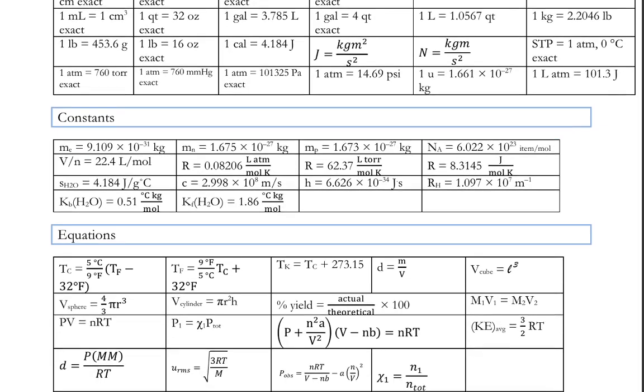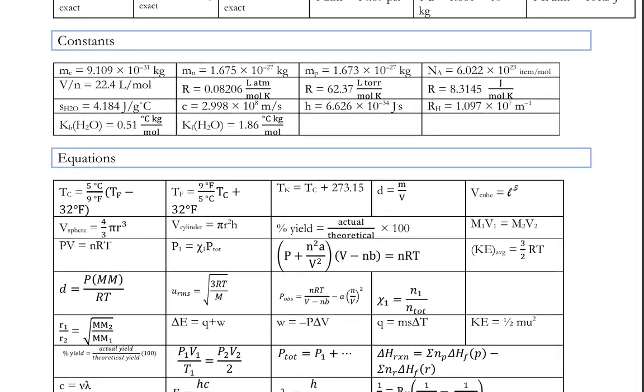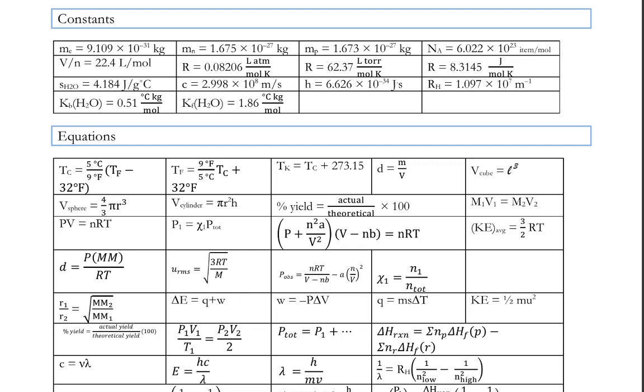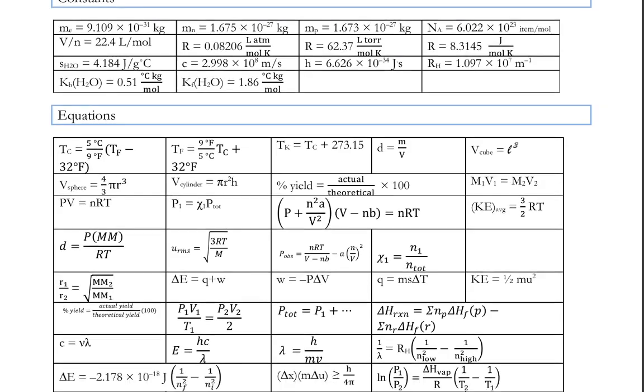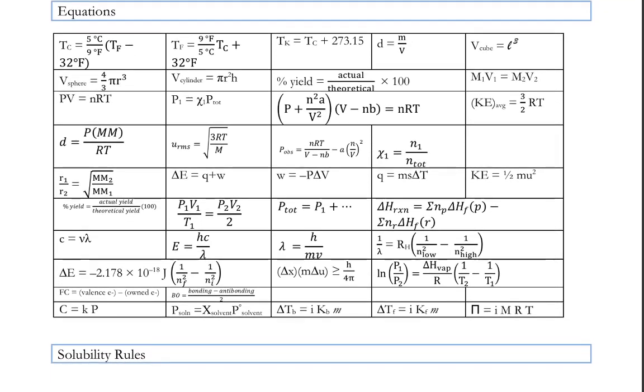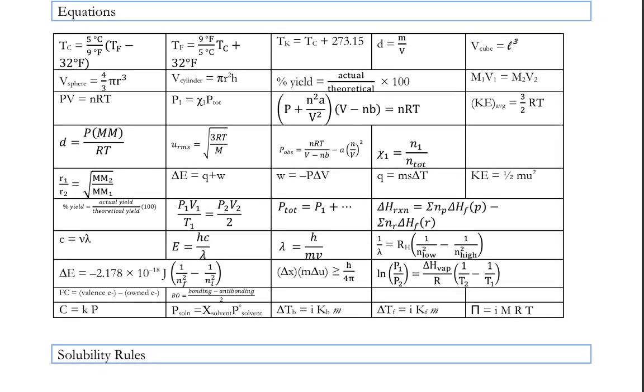The second part is on constants. M sub E, that's the mass of the electron, that's 9.109 times 10 to the minus 31 kilograms. We have a lot of different constants in there that you will work with as we go through the semester. And next we have equations.